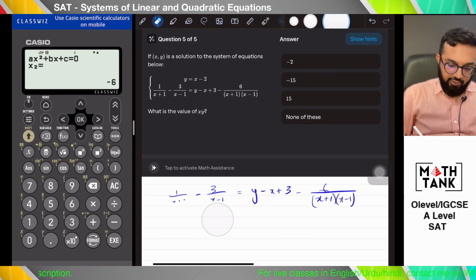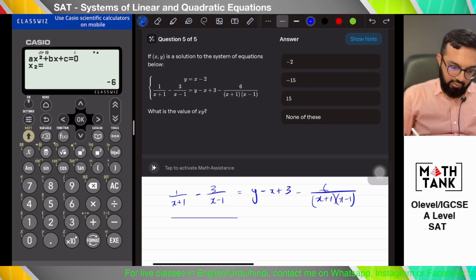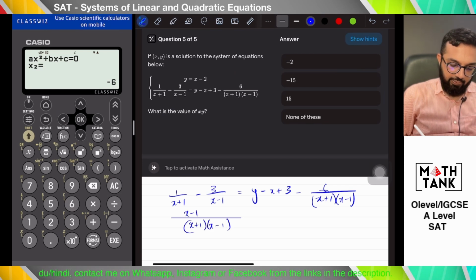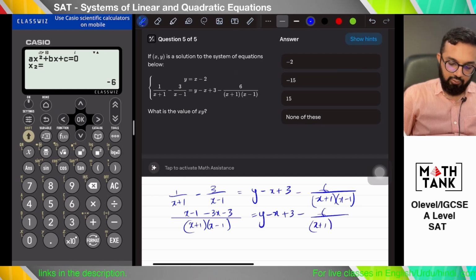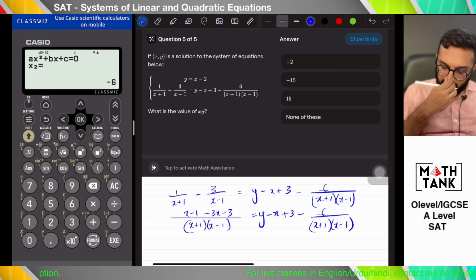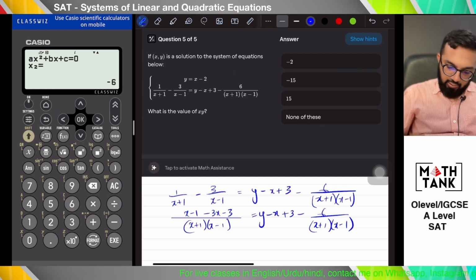Okay, so let's first take a common denominator on the left-hand side. x plus 1 and x minus 1. So x minus 1, 3x minus 3. Okay.